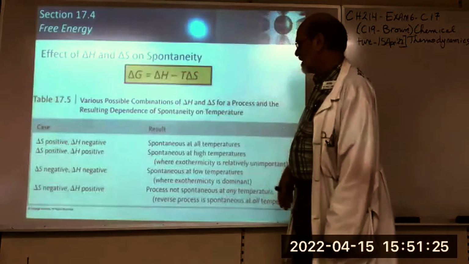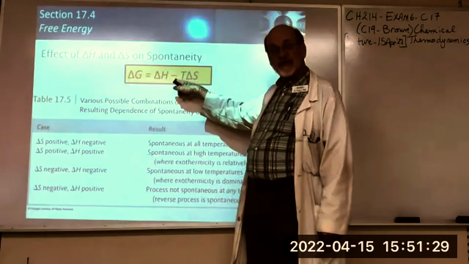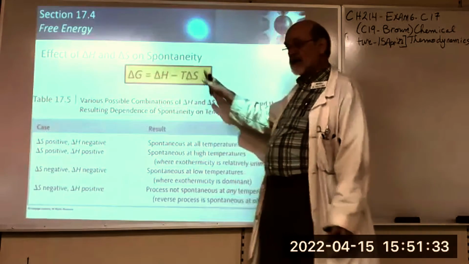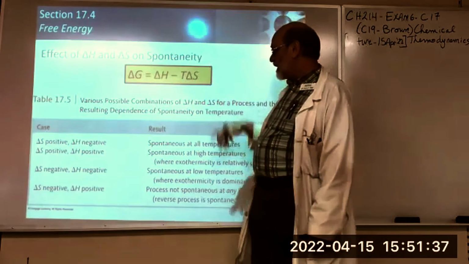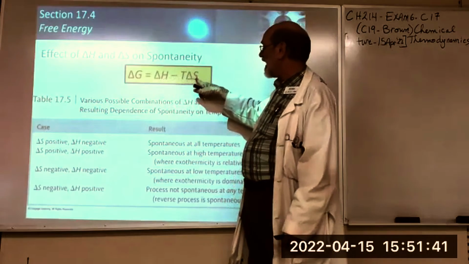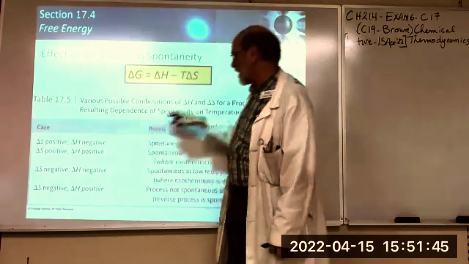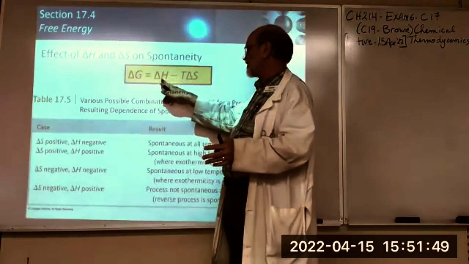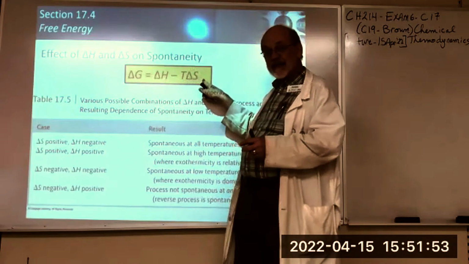If they're both negative, then this negative will be a positive value and this will be a negative value. And then it depends on which one is bigger, right? If both of them are positive, then this will be positive and this will be negative.